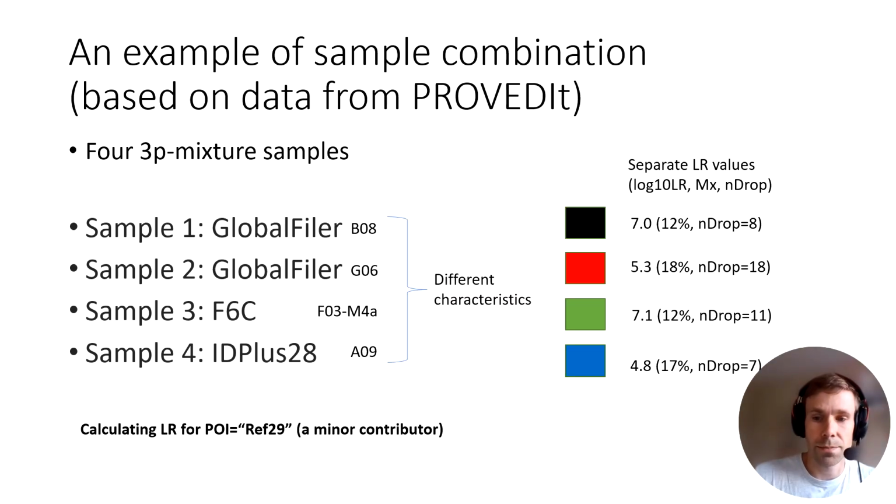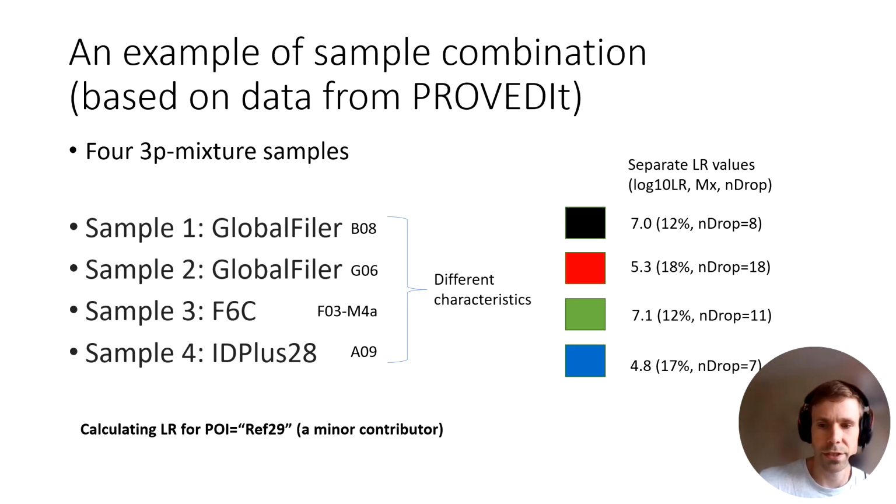So here is one example from the paper, which mainly evaluated data from the proved-it dataset, where we harvested samples with the same contributors inside, but analyzed with different kits and also with different characteristics. In this example, we have three different kits for these 4 profiles.